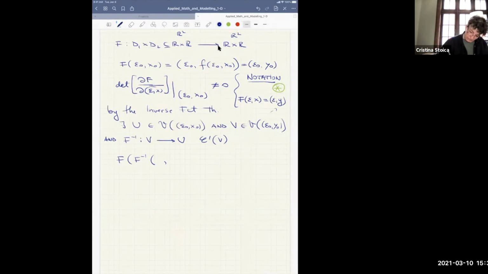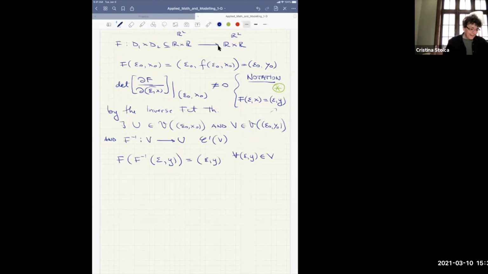So (ε, y) equals (ε, y) for any (ε, y) in V. Come on, guys, it's a maths course. I know it's COVID and everything, but I have to do some math occasionally.